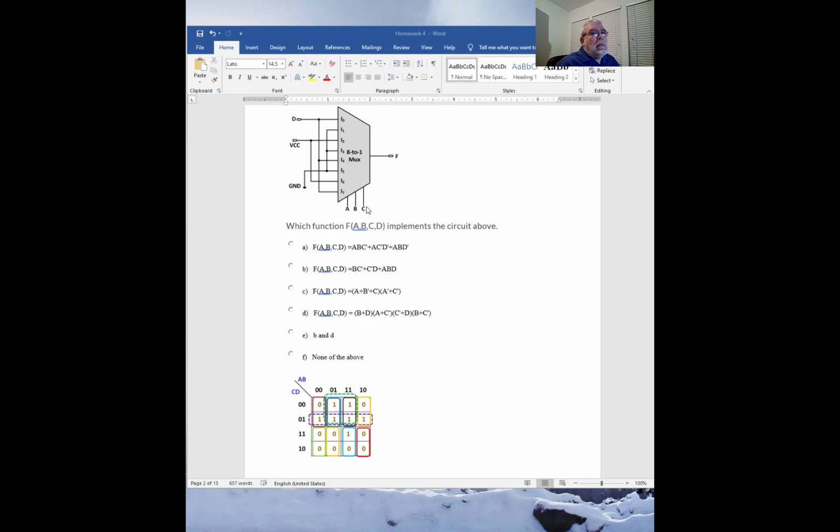Here is of particular interest the typical 8-to-1 multiplexer that we use to implement 4 variable functions. See, it's a very straightforward approach. You divide the K-map into 8 different sections. If you look into each one of the sections, for instance in this case, we have this rectangle in red.